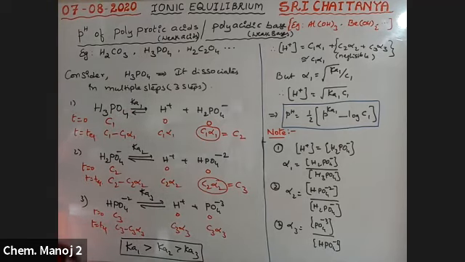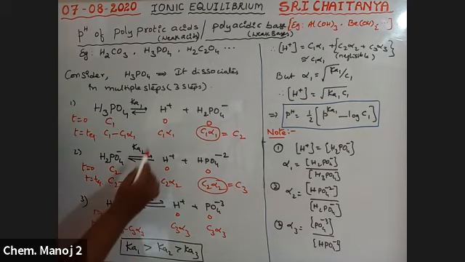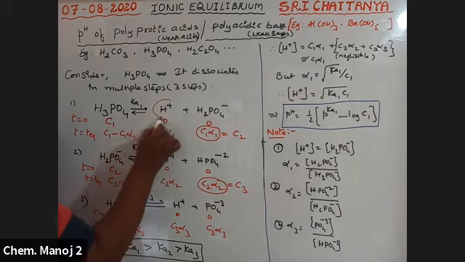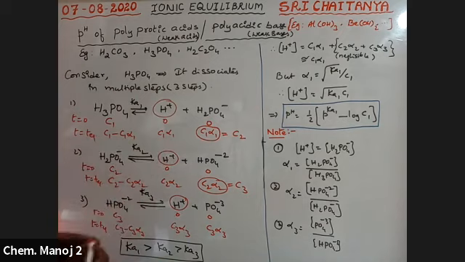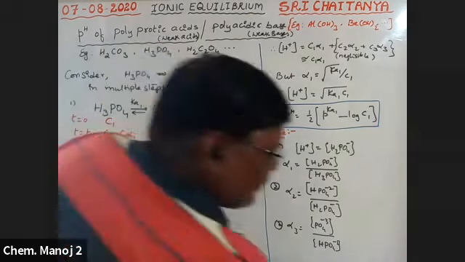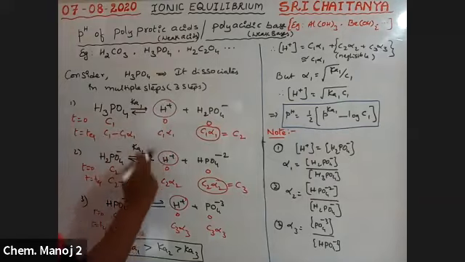Now see, boys, how much is the total H+ concentration in the entire solution? Here H+ is C1 alpha 1, here also H+ is coming out, and here also H+ is coming out. These reactions are all simultaneous reactions, so we must consider the total H+ concentration from every step.